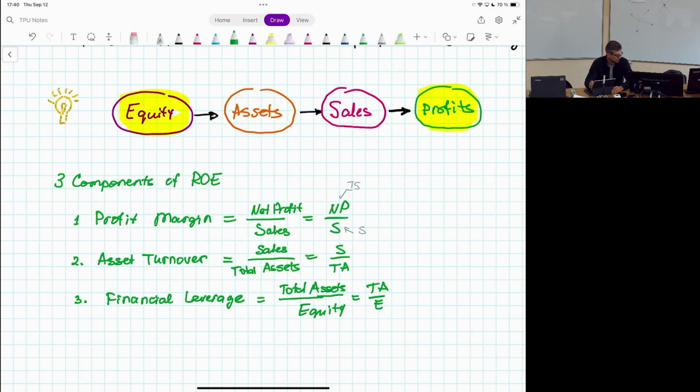So these three components altogether are called the components of return on equity.